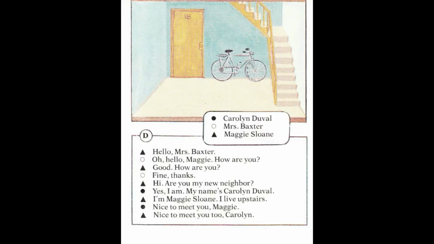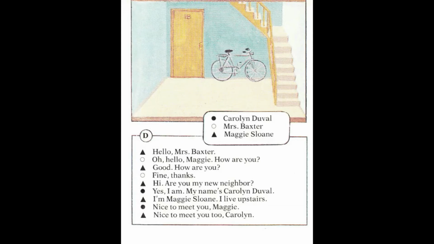Then she says something to Carolyn. "Hi, are you my new neighbor?" What is neighbor? Someone who lives next door to us. Yeah, so that is neighbor, some people who live next to our home or our apartment. Carolyn says, "Yes, I am. My name's Carolyn Duval." "I'm Maggie Sloane.